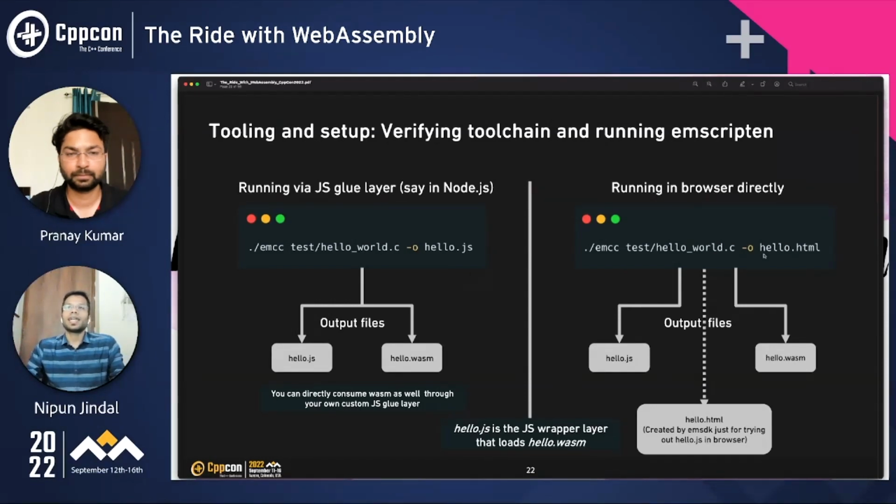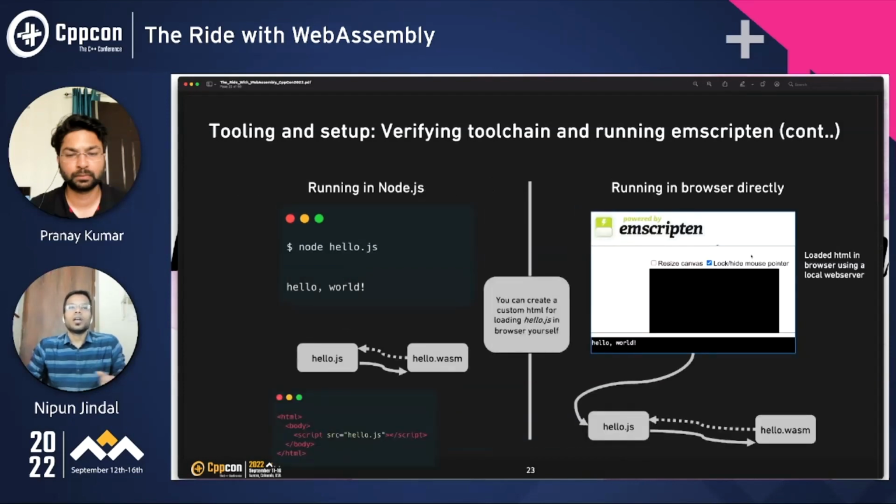Or if you want to run it directly in the browser via the HTML, you can, after the output, use the file name with .html suffix, which will create three files: hello.js, hello.html, and hello.wasm. Now, as I said, once the JS file is available, you can either run it through Node.js or you can directly embed that in your script as is mentioned here, and this will be loaded in your browser again.